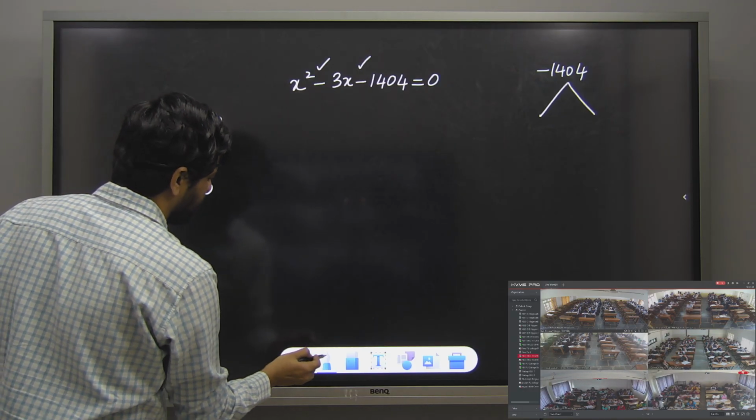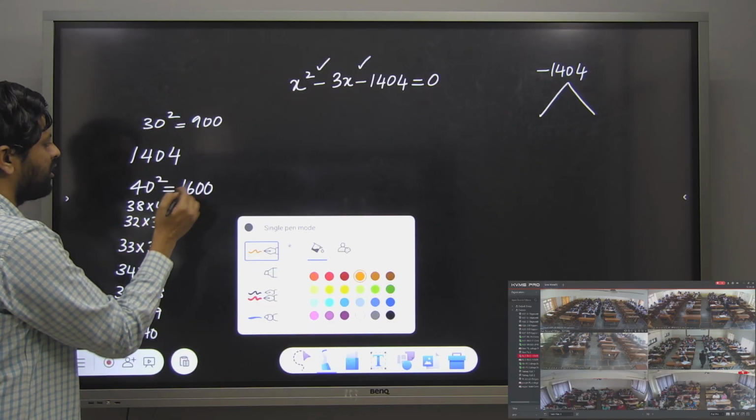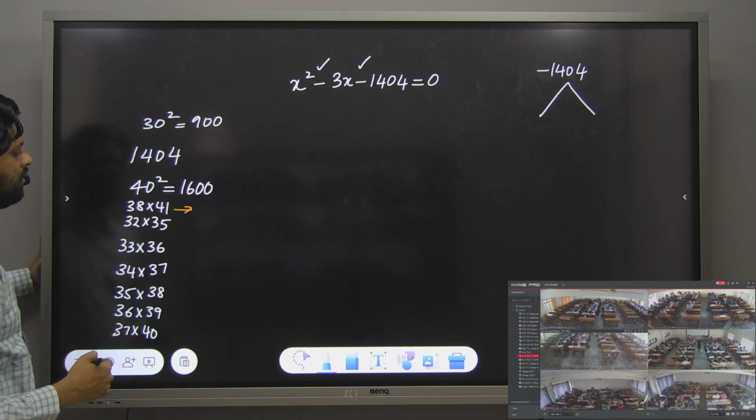I will end it here, because when you do 39 into 42, it will become more. What will this end with? What's the ending number?